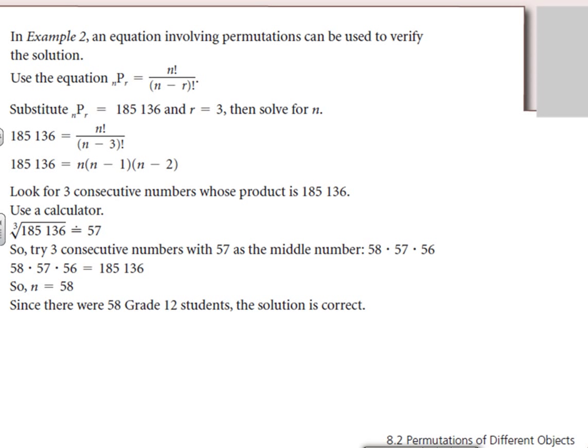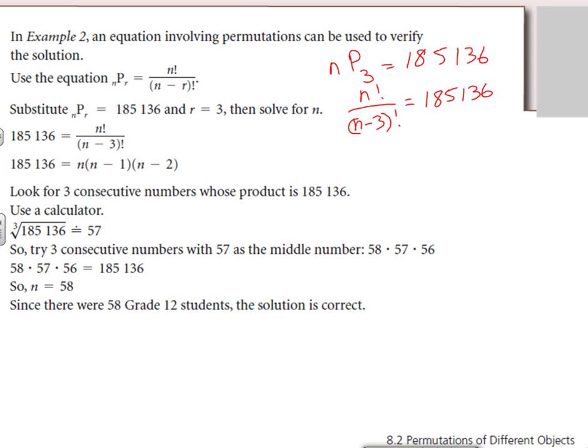Now, we don't always want to just straight up guess and check things either. If we have something sitting that tells us nP3 equals 185,136, and this is from their example too. You can see it in your text there. When I do this work, I'm going to get n factorial over n minus 3 factorial equals that. I better write it. Then look at n factorial, n minus 3 factorial.